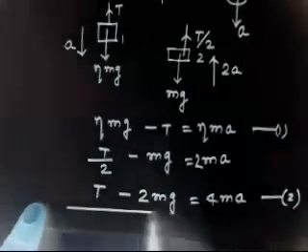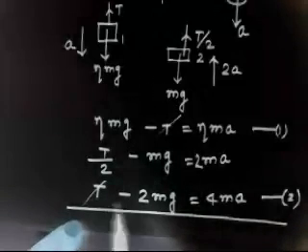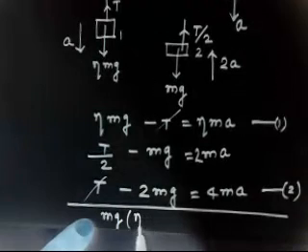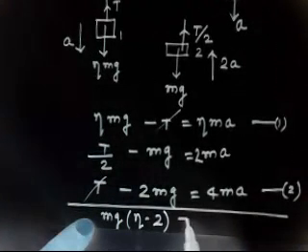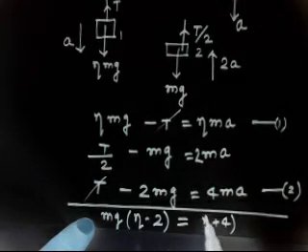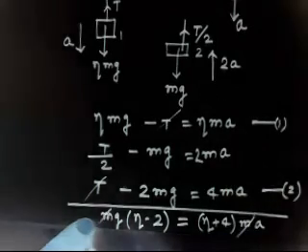Now if I add equation 1 and 2, T goes out, so I will have, taking mg common, eta minus 2 is equal to, taking m common, eta plus 4, and m goes out, basically ma. Are you getting?